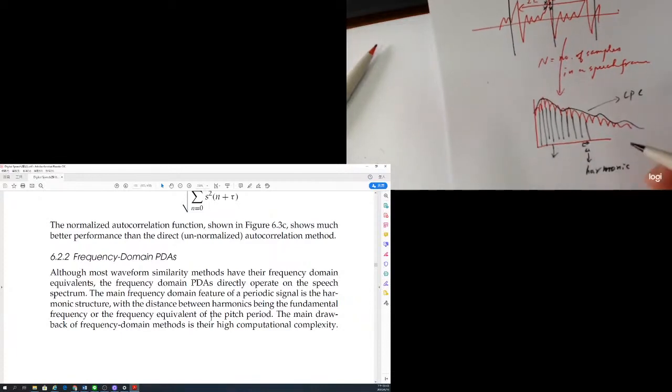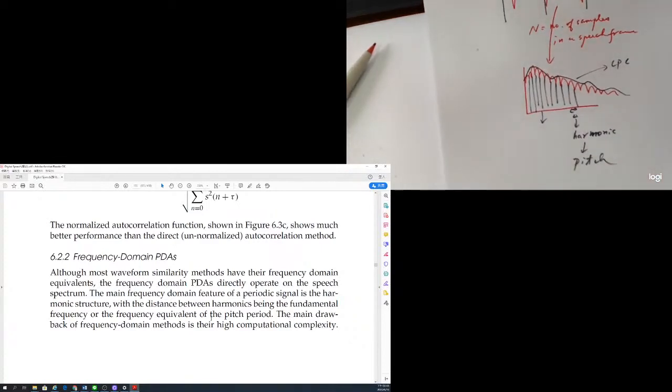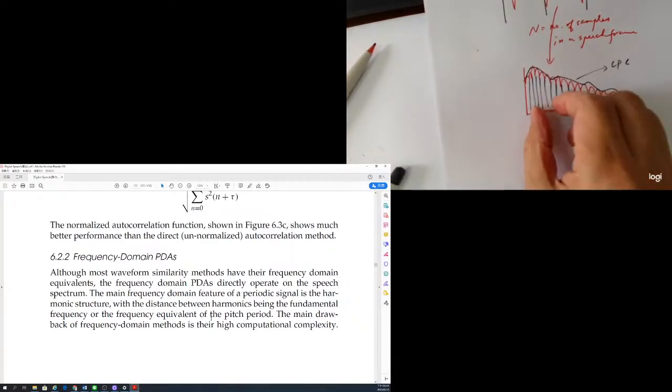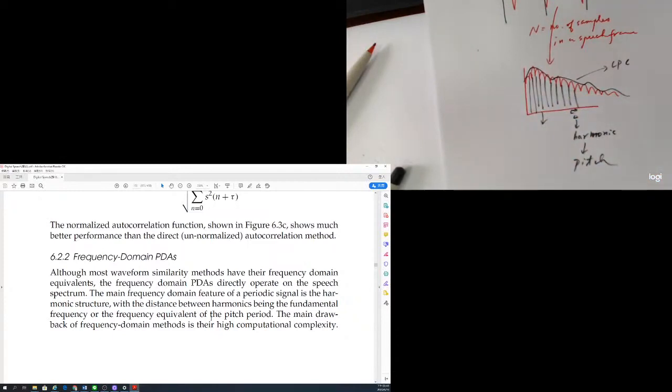This harmonic is related to your pitch, so based on the frequency domain, we try to find the harmonic components.